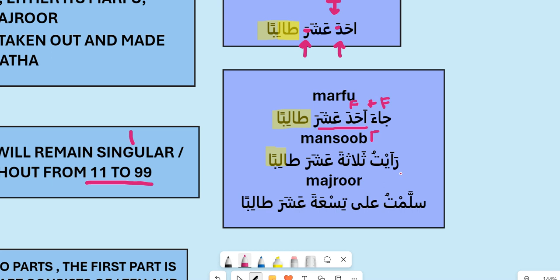This is also a jumla failure. So this is the fi'l plus the fail. The number falls, actually, not in the fail position, but in the maf'ul bihi position. How is it in the maf'ul bihi position? Because you can see ra'a is the fi'l. Where is the fail? The fail is the damir.